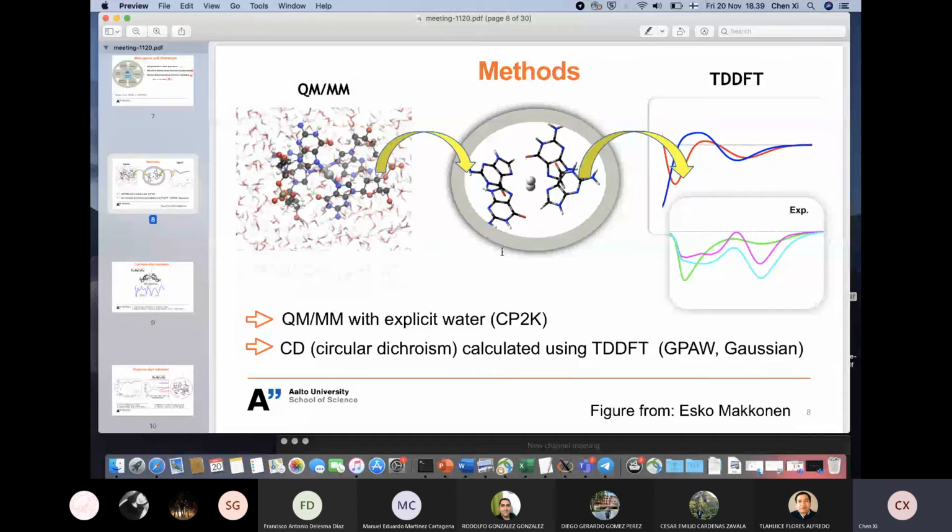It depends on the code. For this GPAW code, we can have around 200. It's still okay. Even if we have some systems with 1,000, it's okay. But when we use Gaussian, it maybe needs to be within 100.